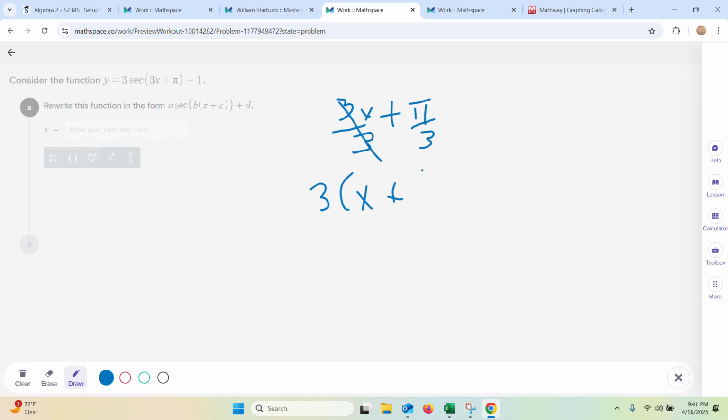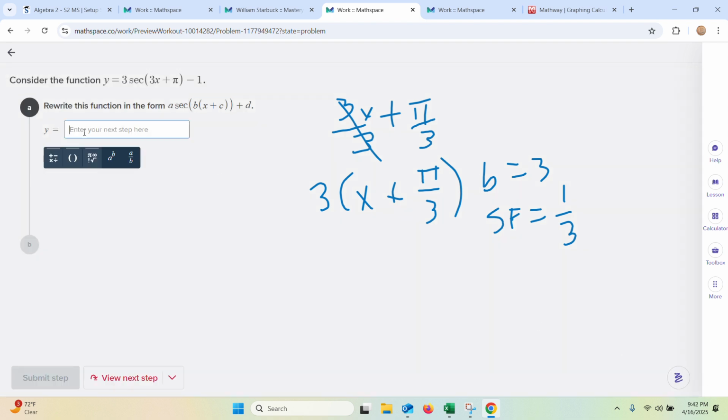We don't have to do math here. We just leave it as the fraction as you see it. Voila. So there's your b. So if b equals 3, our scale factor, dilation factor, horizontal factor is 1 over 3.